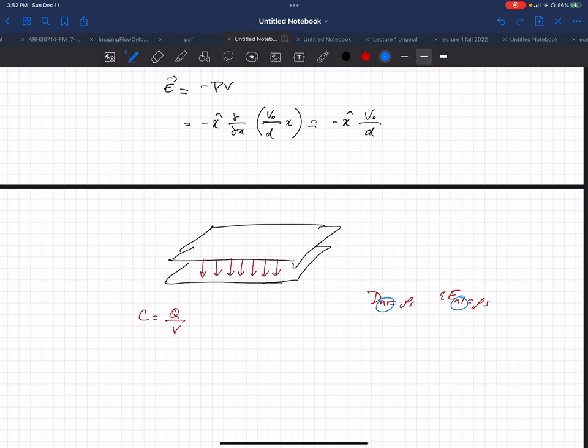Okay, so if we look at the area, this area times charge density is the total charge.